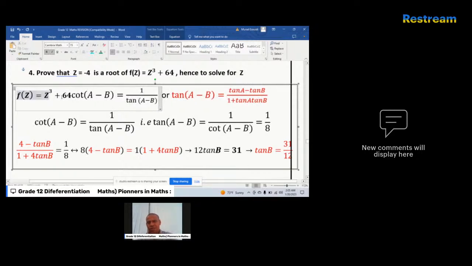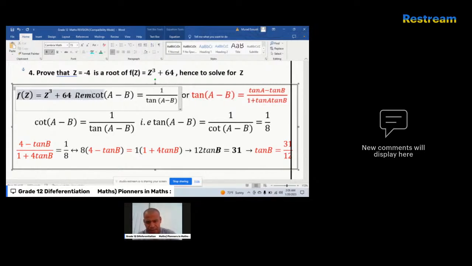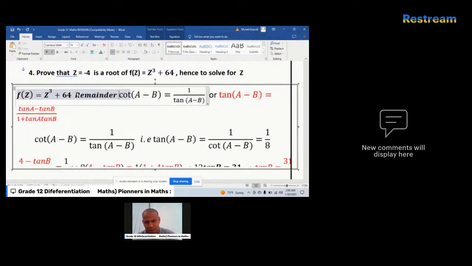The question is to prove that z equal negative 4 is a root. Therefore, you will use the remainder theorem.